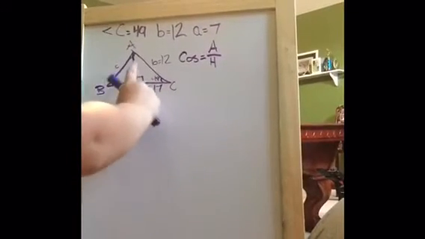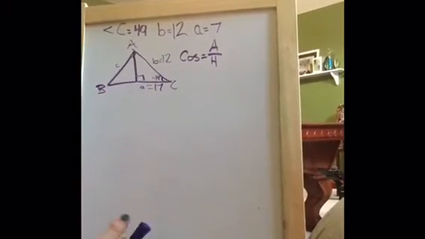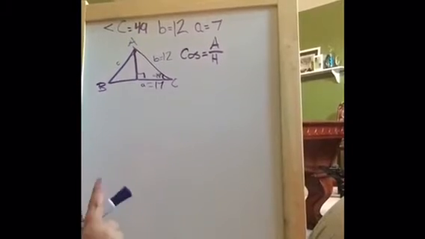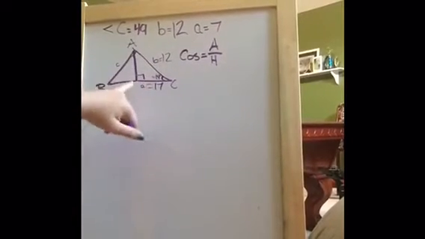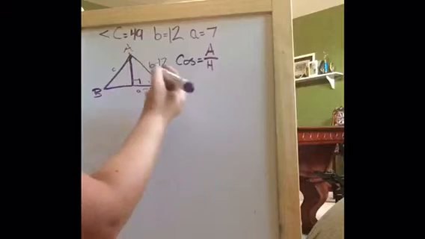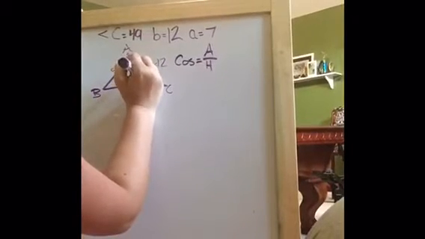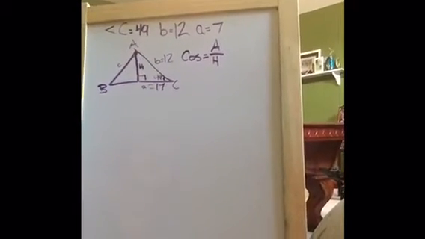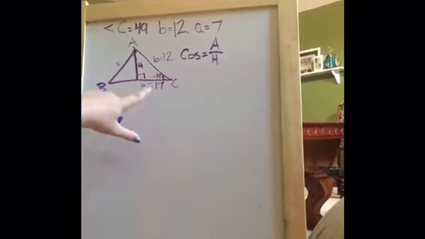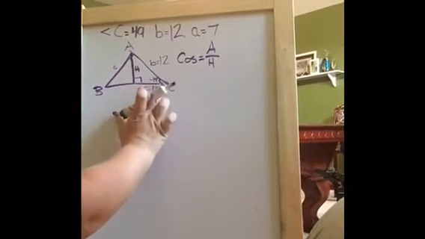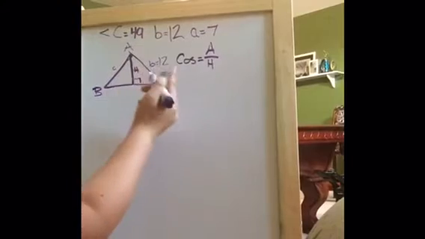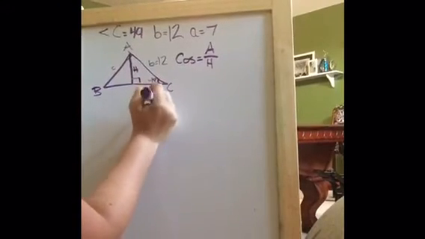So first we need to assign a value for the lines that we have created. This line right here, we're going to call that H. Now this line over here, A equals 7.